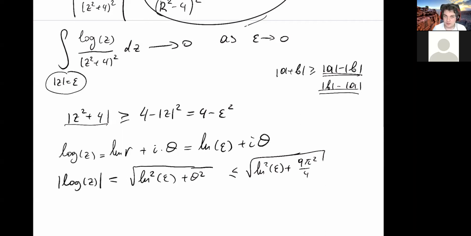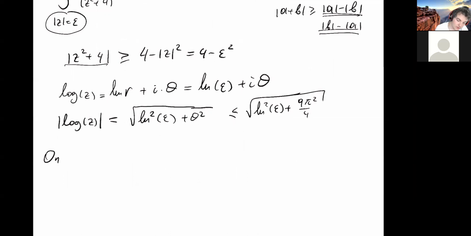And the third recipe that we haven't seen yet is that if you have the logarithm, write its absolute value by definition, and you can always expect a theta term to do nothing. So for the theta term, just write the largest possible theta there is.